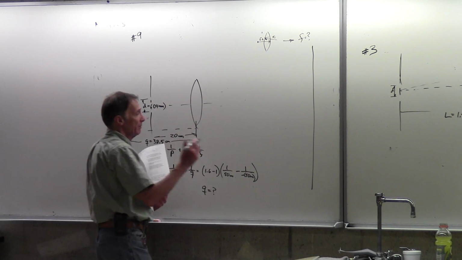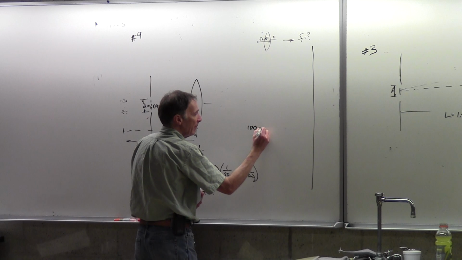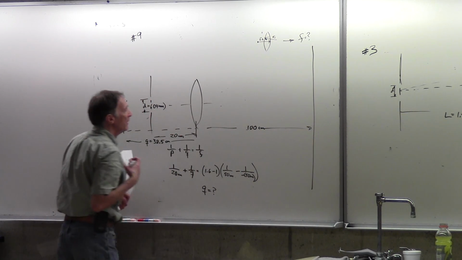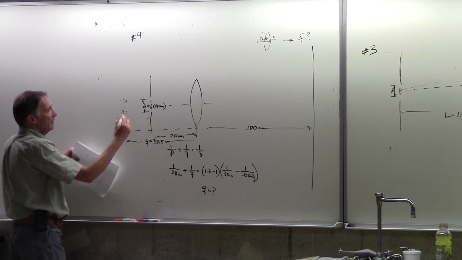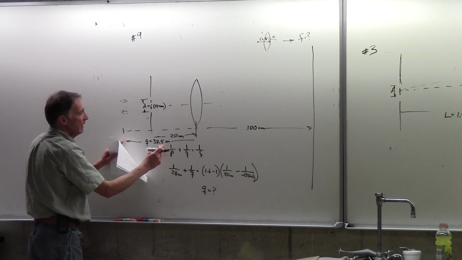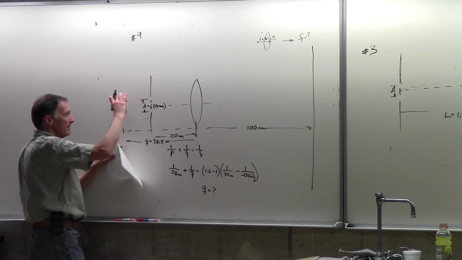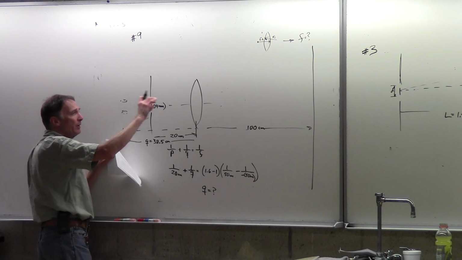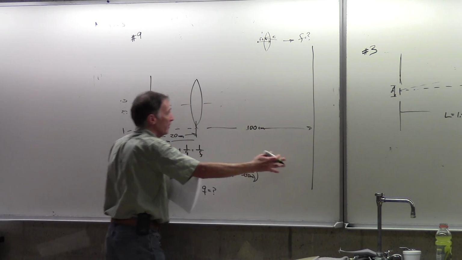That's another 100 centimeters away. And there's going to be a change. Now the slits are back here, so there's going to be a change in the pattern out here.